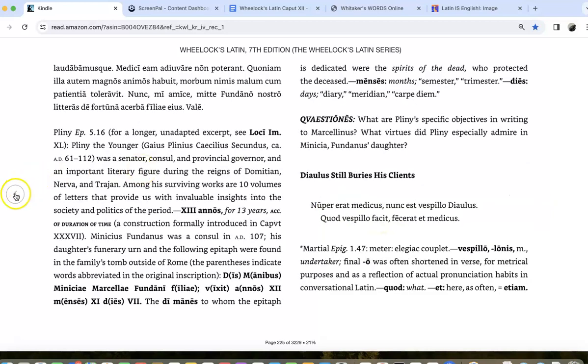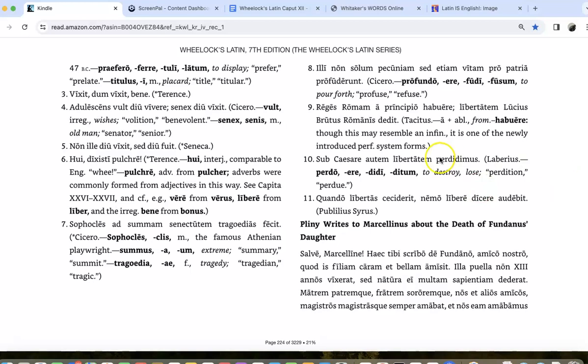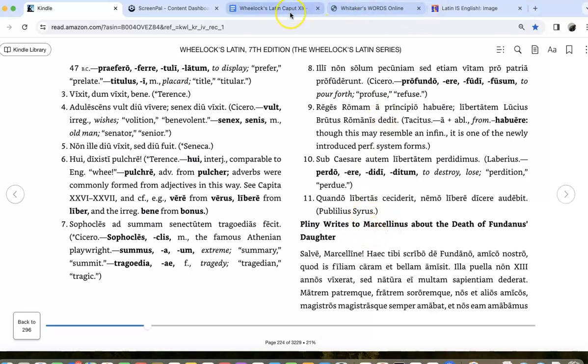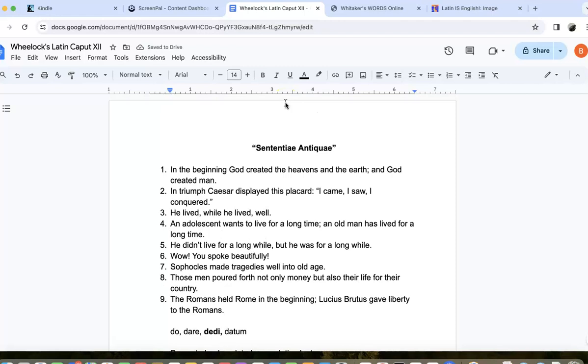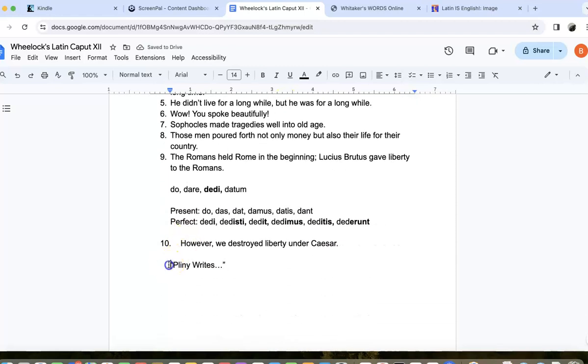All right, so the concept is new, but these sentences are fairly straightforward. So let's go ahead and do the Pliny writes. We'll call this Pliny writes. I'm not going to put the whole title, you can add that yourself.